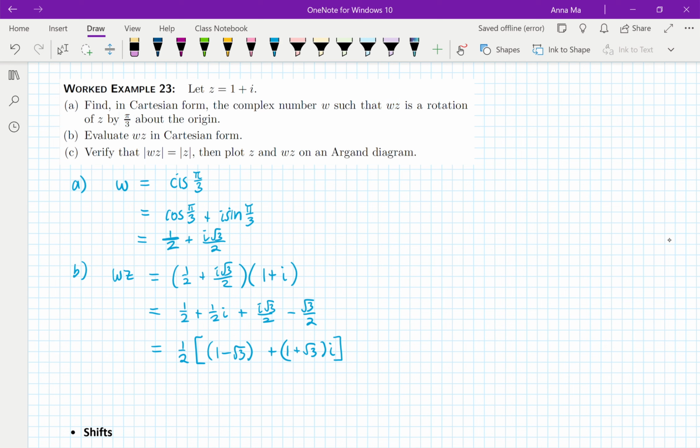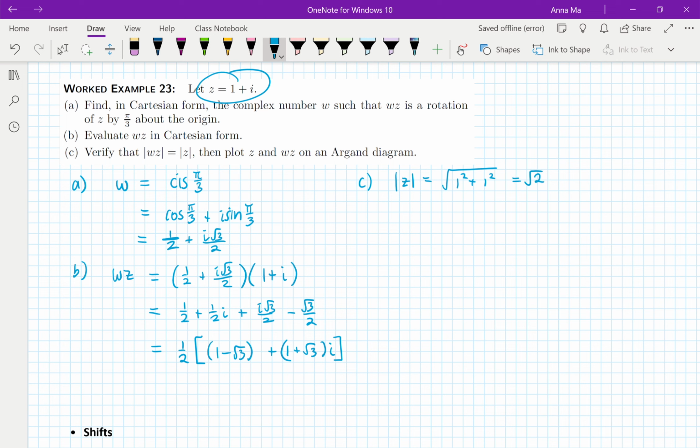And then lastly, part C says, verify that mod wz is equal to mod z, and then plot z and wz on an Argand diagram. We just have to show them manually. So let's try and find mod z. That would just be the formula that we talked about before, root x squared plus y squared.